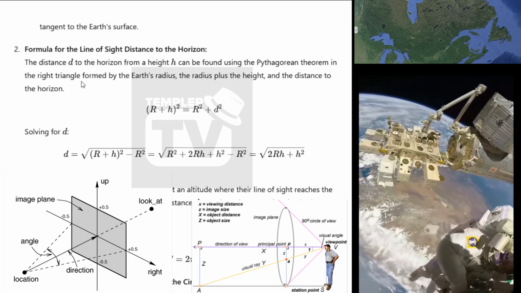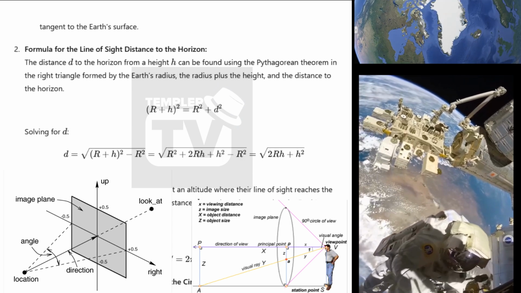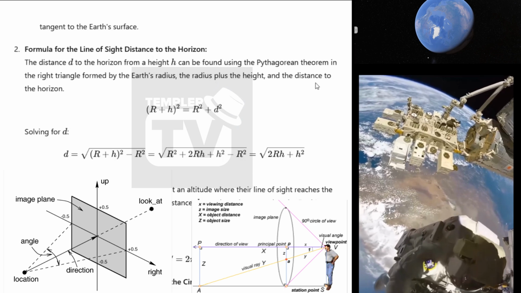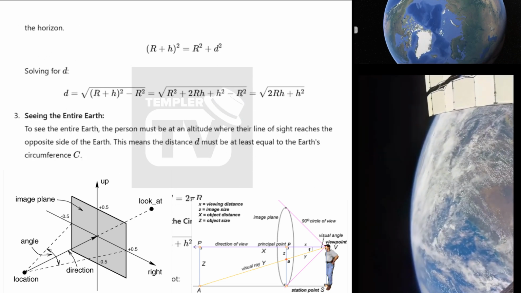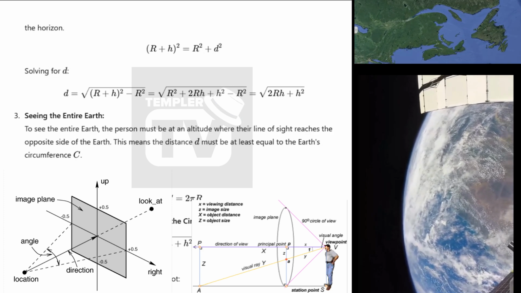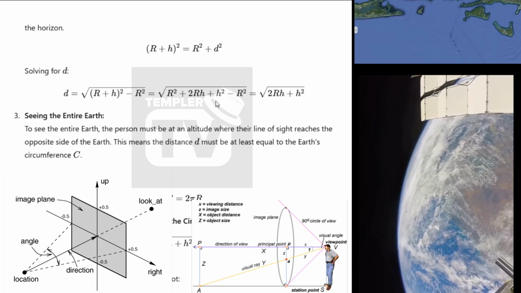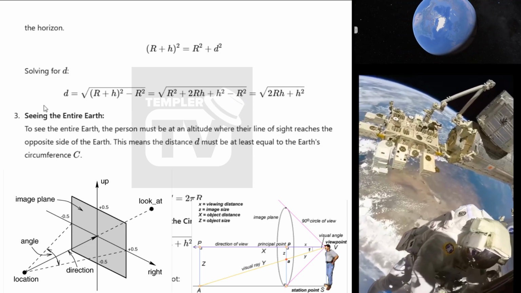The distance, d, to the horizon from a height, h, can be found using the Pythagorean theorem in the right triangle formed by the Earth's radius, the radius plus the height, and the distance to the horizon. R plus h to r squared plus d to 2. Solving for d equals r plus h cubed minus r2 equals r2 plus 2rh plus h cubed minus r2 equals 2rh plus h squared. 3.